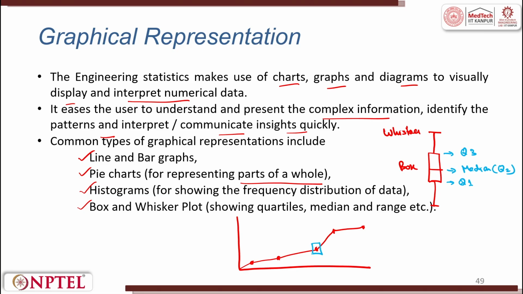For example, here this is the mid value, and this is how the whisker is there. It depends upon the kind of data. The whisker could be very large at some points, and at some points it could be very small. So, this is the box and whisker plot to show the range or the error in each observation.